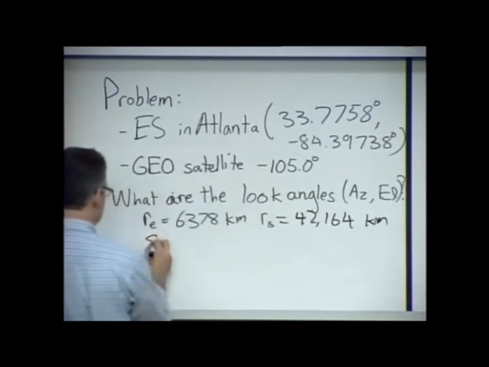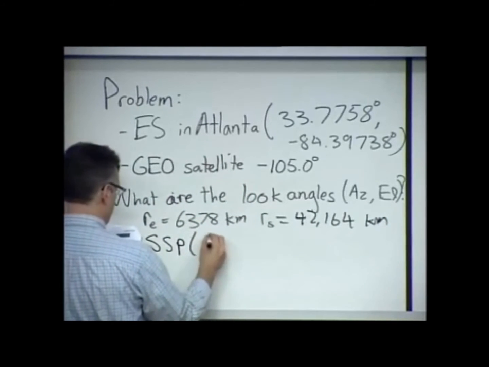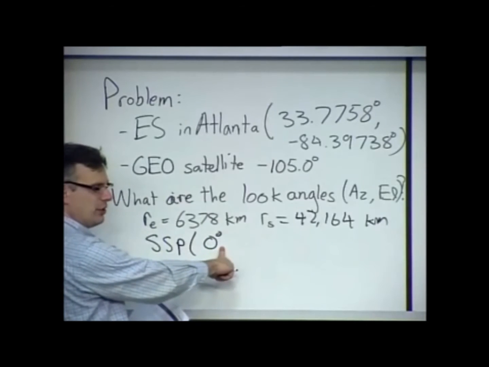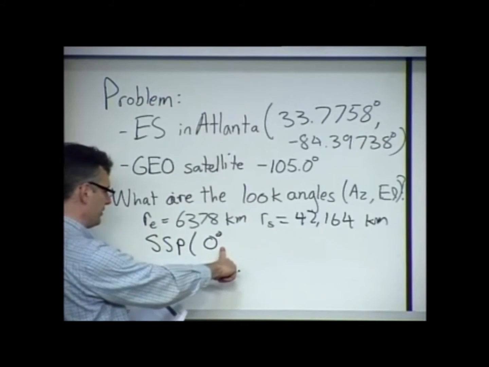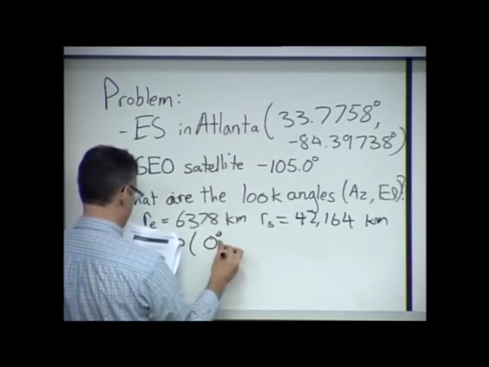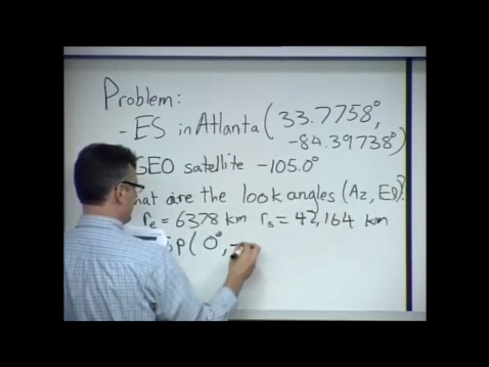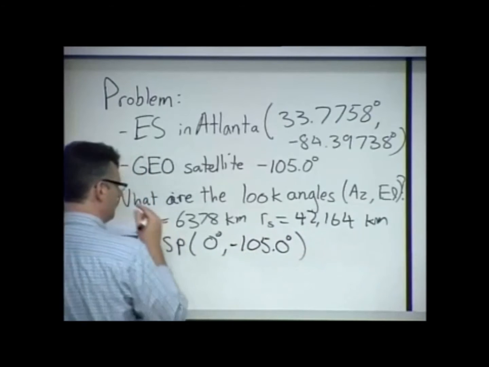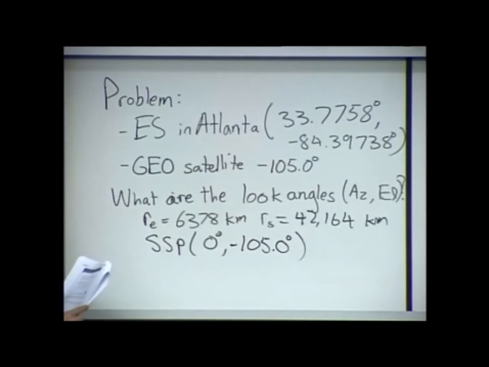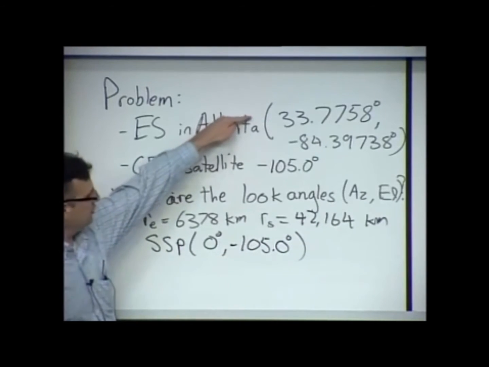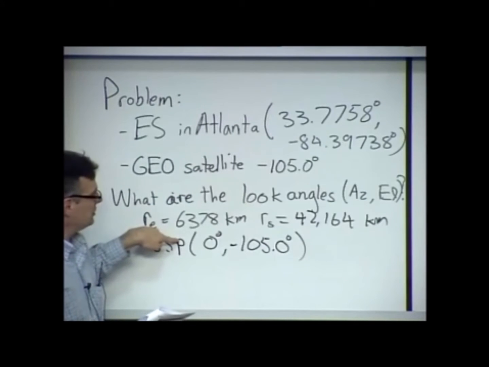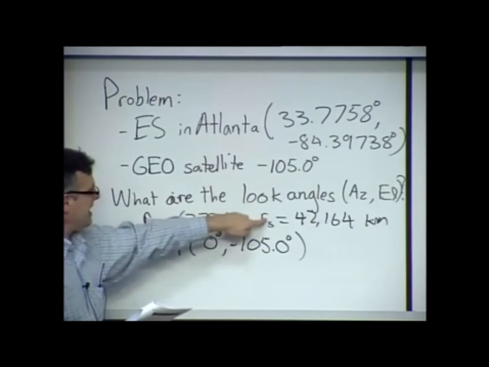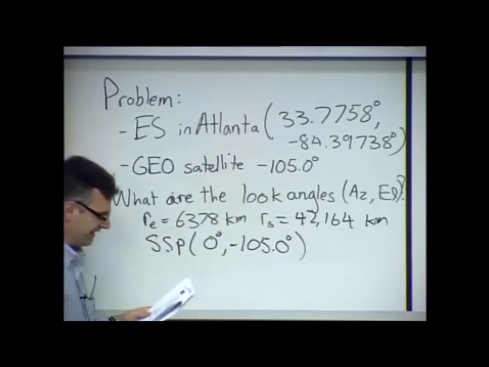And the satellite subpoint latitude is 0 because it has to be 0. There can be no inclination for a geostationary Earth orbit satellite. And, of course, we said that it always hovers at the 105.0 degree longitude line. So, we've got our two latitudes and longitudes. Got our radii. Let's see if we can calculate this.